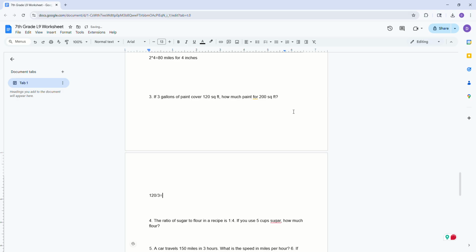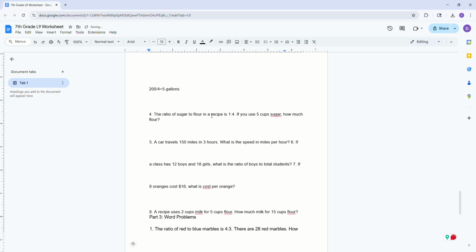So that would be 40. Each gallon of paint could cover 40 square feet. So 200 divided by 40 is 5. We will need 5 gallons for 200 square feet.